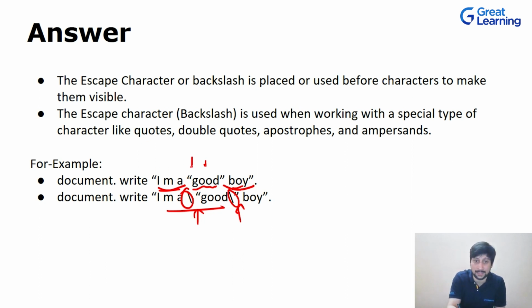So this will be visible and then they will be treated as part of the string. Now escape characters, these backslashes, are used when we are working with special types of characters like quotes, double quotes, apostrophes and ampersands. So we can use this in order to make these double quotes, ampersands visible. So we will use this backslash.